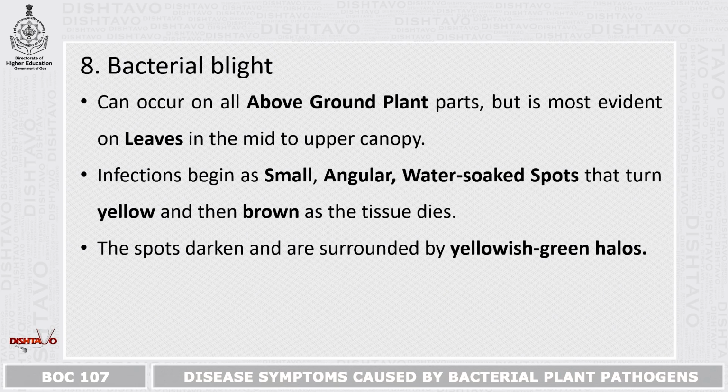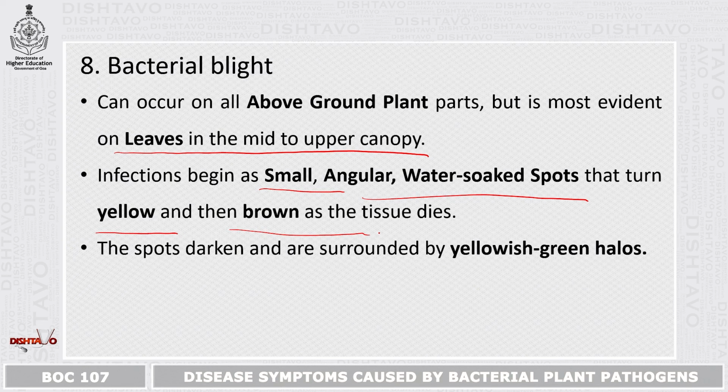The eighth symptom is bacterial blight, which can occur on all above ground parts but is most evident on leaves, or the mid to upper canopy region of the plants. Infection begins as small, angular, water-soaked spots that turn yellow and then brown, and then the tissue dies.